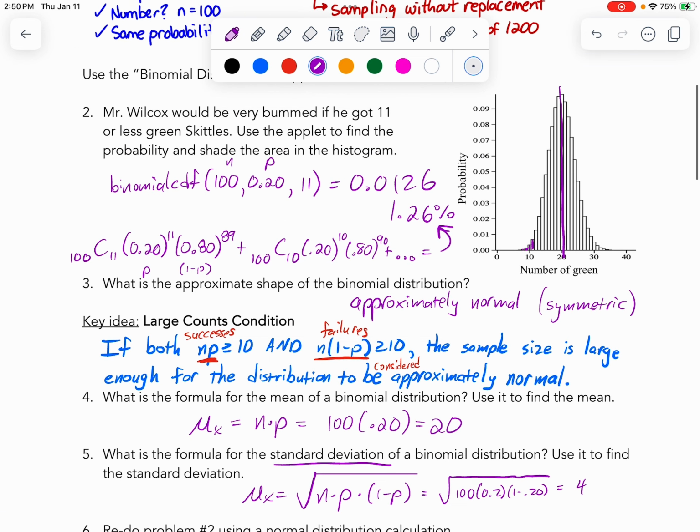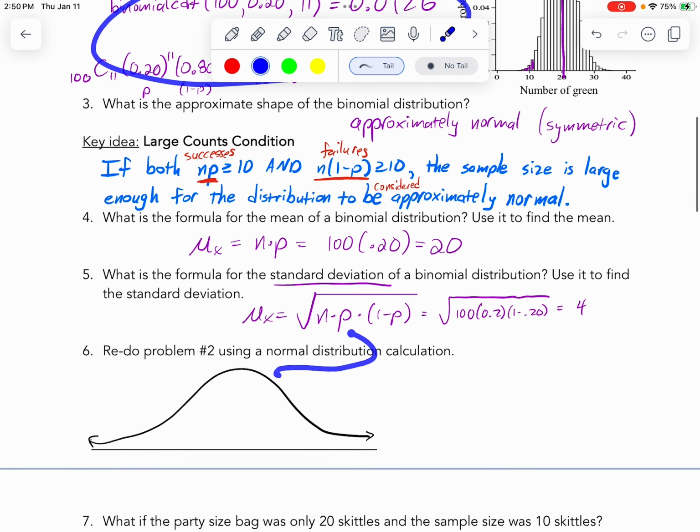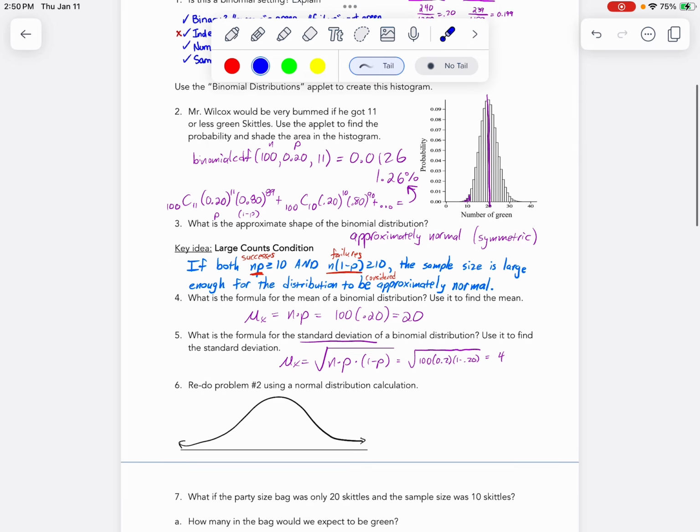Number 2, redo this, treating it like a normal distribution. So here's the thinking. This is the answer, treating it as a binomial distribution, which it is, 1.26. But since we satisfied large counts, we can now treat it as if it was approximately normal and use the normal curve to approximate the answer.